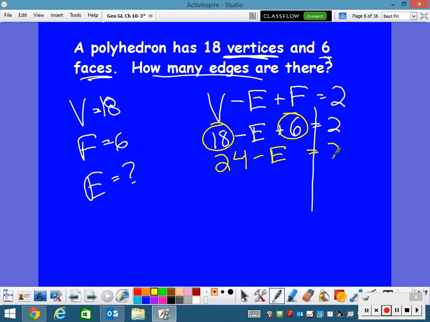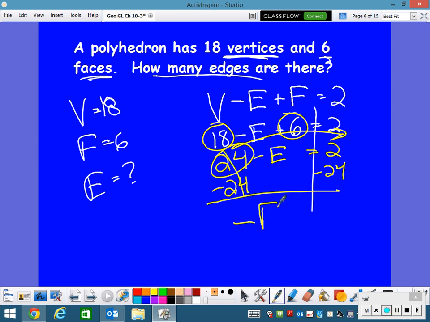Okay. Now what? What has to move? No, the E is going to stay because we're trying to get the E by itself. Who moves away from the E? The 24. How do I move it? Subtract it.